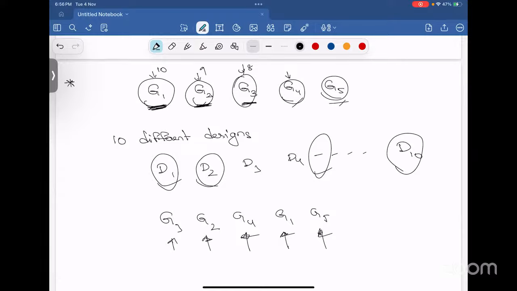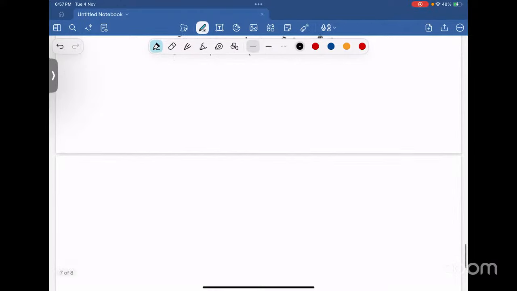It says, since all gifts and wrappers are different, the order of selection does matter. Okay, so what does order mean?